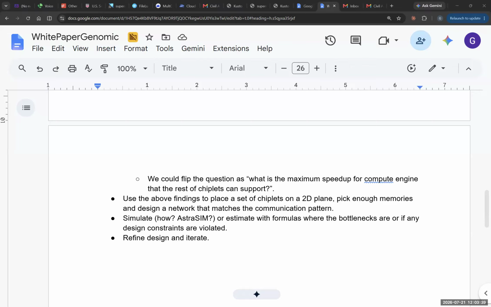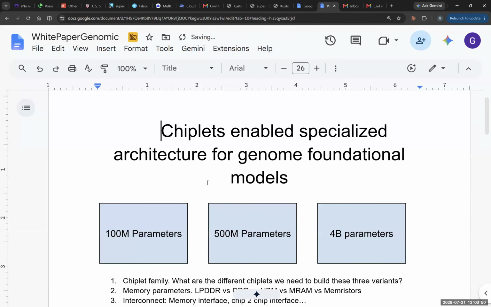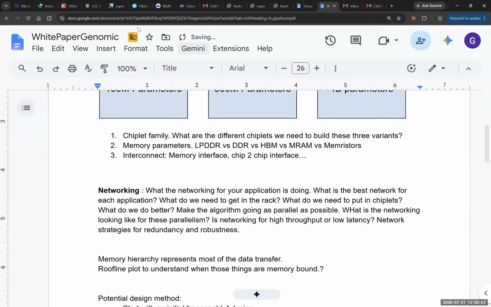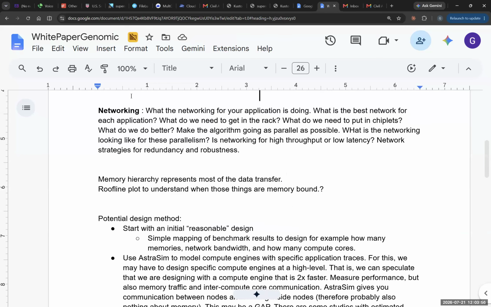I don't remember exactly, but I had a question about the first part, about optimizing chiplets for these models. If you scroll down a little bit. Okay, the reasonable design.